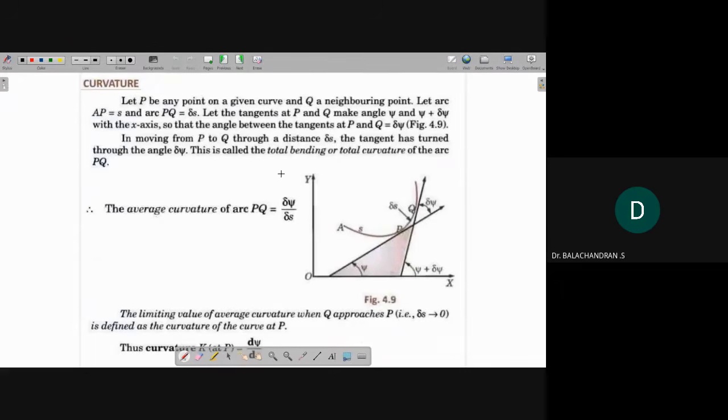Okay, I think you can see the slides now. Yes, sir. Okay, I'll start from the curvature.